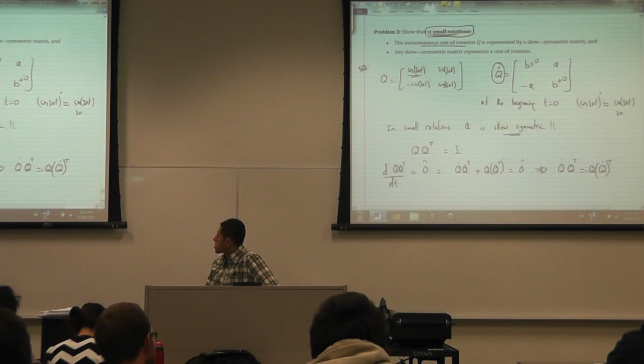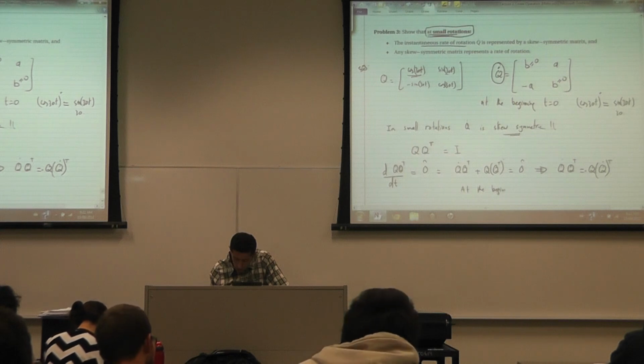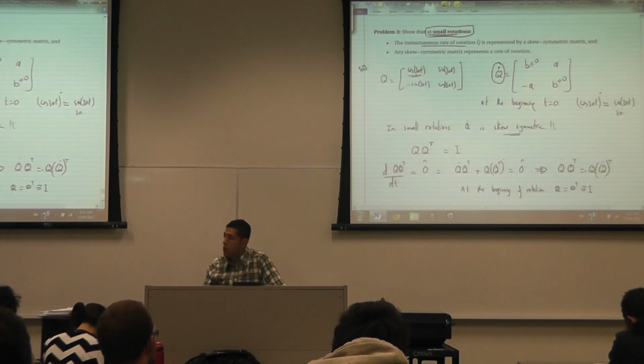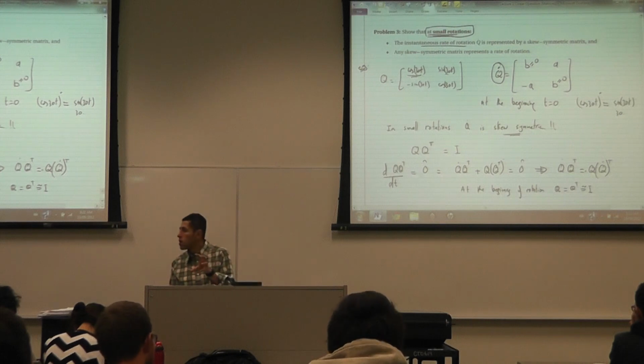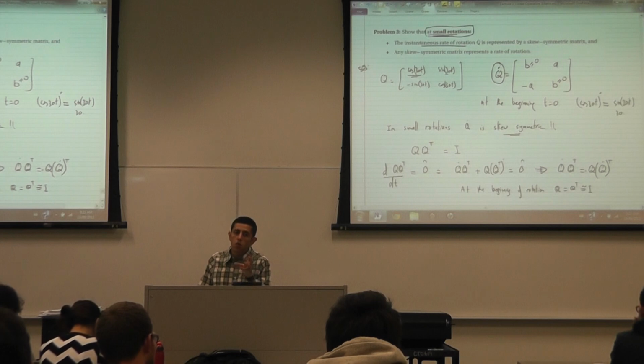Q Q dot transpose. At the beginning of the rotation, Q is almost equal to I. Right when the object is about to rotate, the original Q, the rotation matrix, is equal to I, which means I haven't rotated yet.